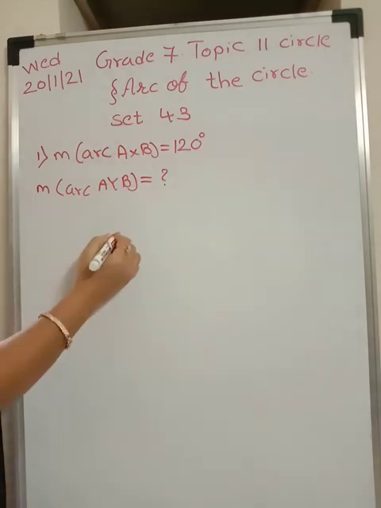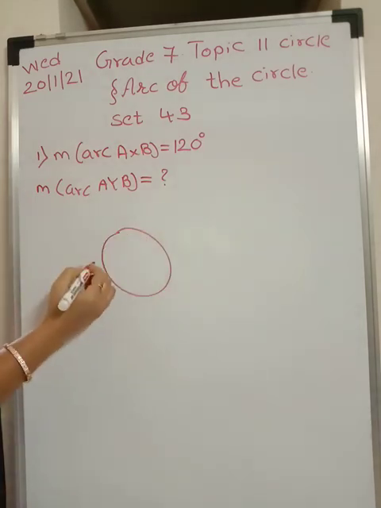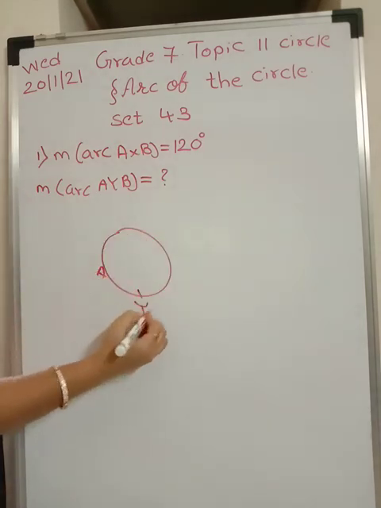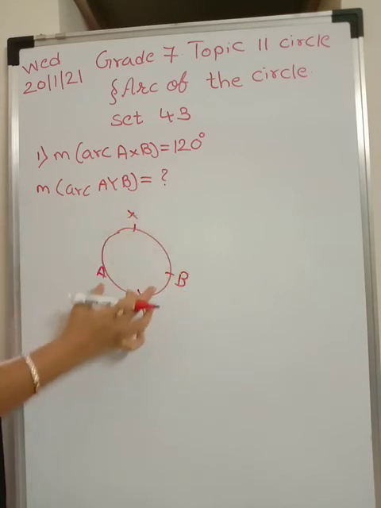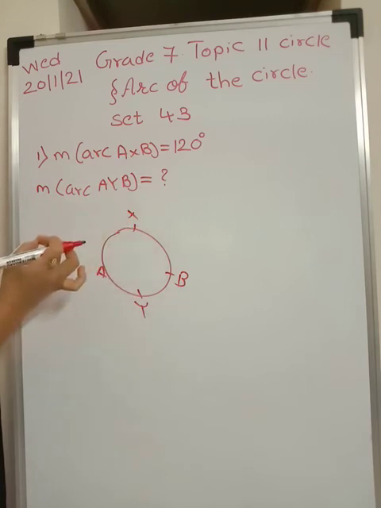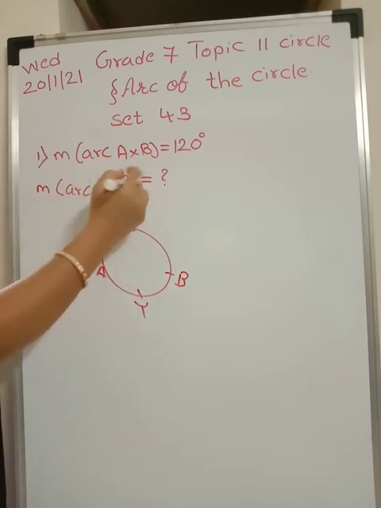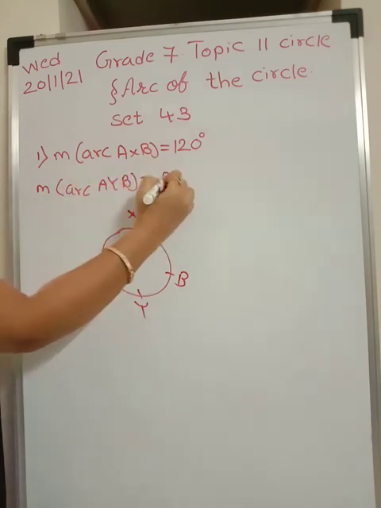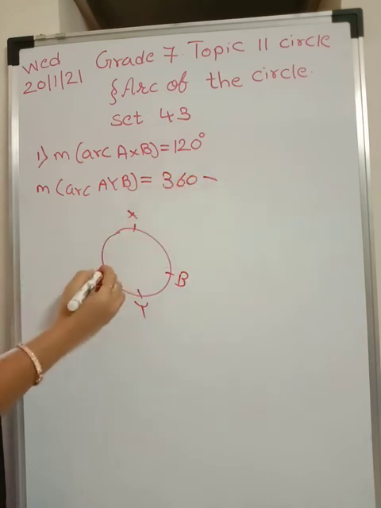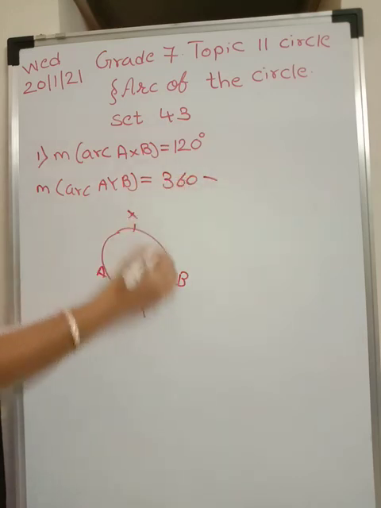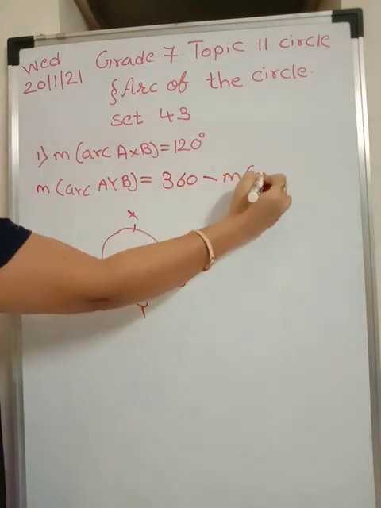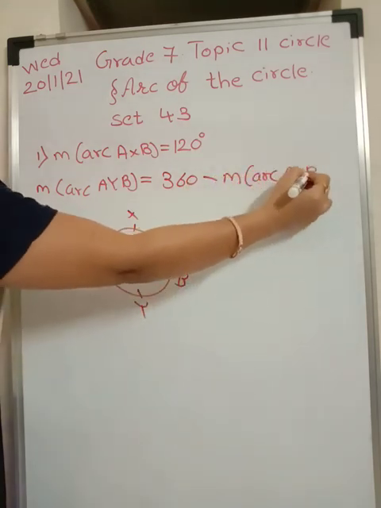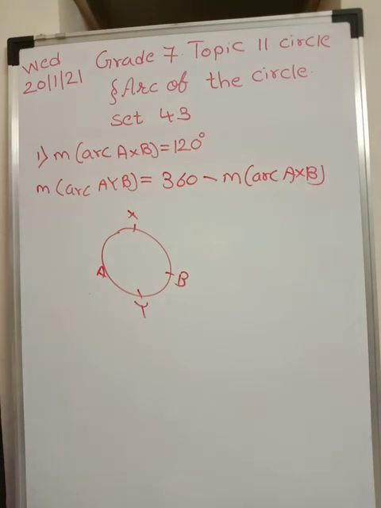What do you mean by corresponding arcs? There are only two arcs, one is AYB and another is AXB. So these two have common endpoints, so they are completing the circle. So the measure of arc AYB would be 360 minus the measure of arc AXB.